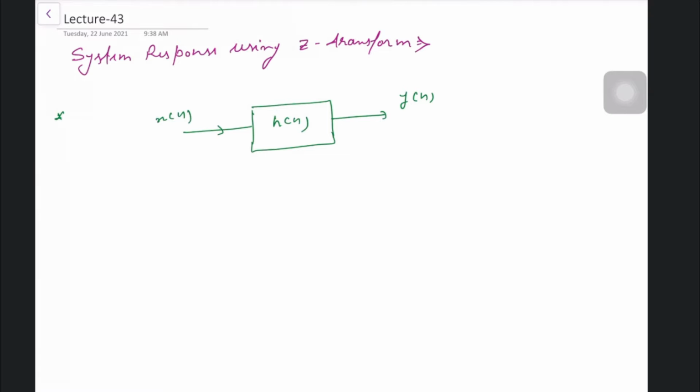Now all of you know, if you want to calculate the value of y[n], in the first unit we have seen y[n] equal to x[n] convolution with h[n]. Now you can take the Z transform of this equation.